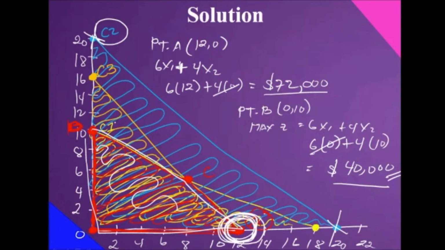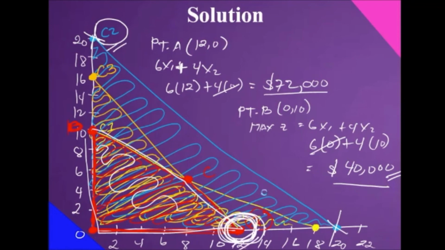So, madali mo pong makikita if the problem is a special case or a redundancy type of problem sa kanyang graph. Kapag ganito yung graph, redundancy yan. So, this problem is a redundancy type of linear programming special case because of our second constraint. Based on the graph, the existence or absence of it doesn't affect the answer. Kasama man siya or wala siya dyan, makukuha pa rin natin yung optimum na profit.